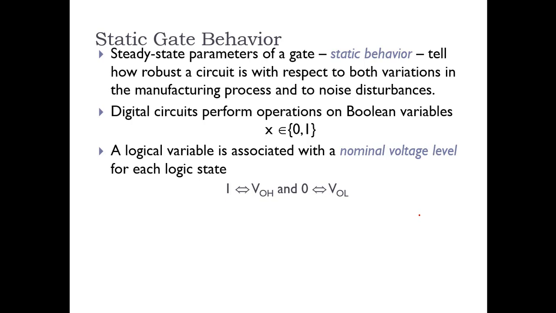Static gate behavior: you want your gates to behave the same, irrespective of variation in manufacturing processes and noise disturbances. So we talked about noise disturbances, but there can be variation in manufacturing processes.